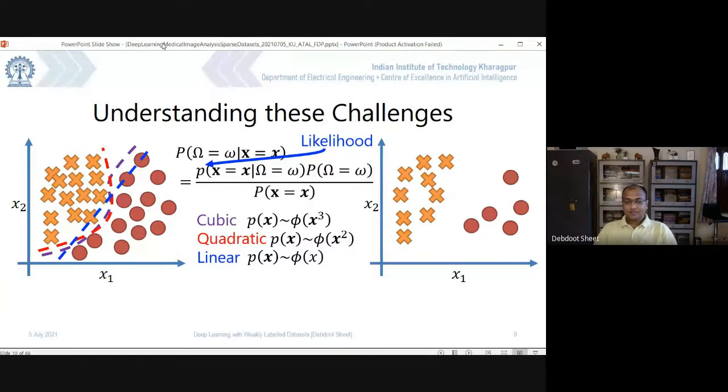Now, the challenge comes something like this: when your data is really scarce, and that's the problem which we are dealing with, where I will explain how that scarcity of data comes into play, and there are very interesting undertones of this scarcity of data, which I will show you. So this can be one straight line equation, which is x2 is equal to m x1 plus c.